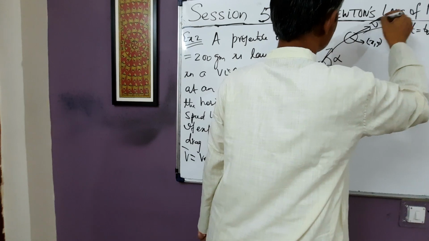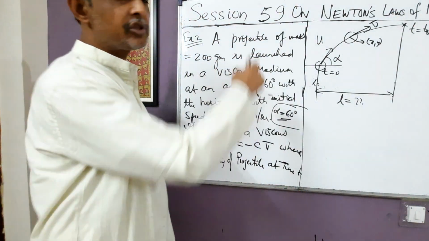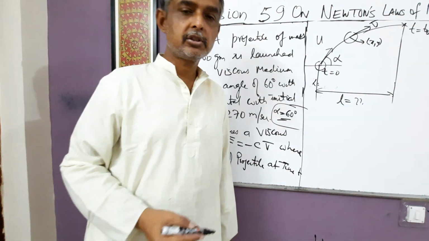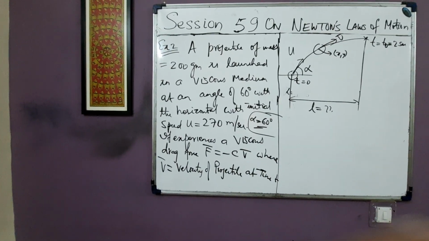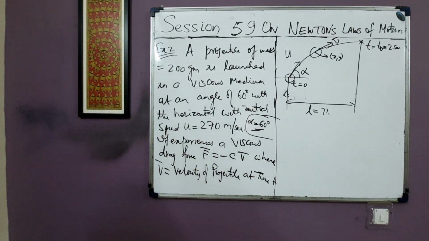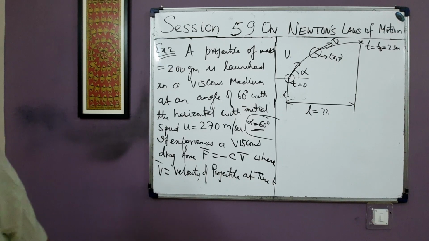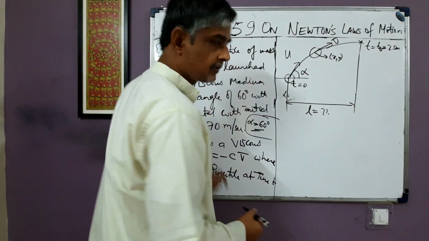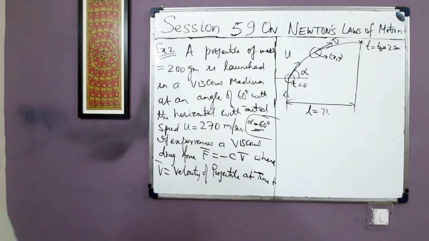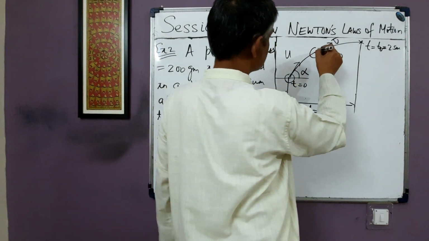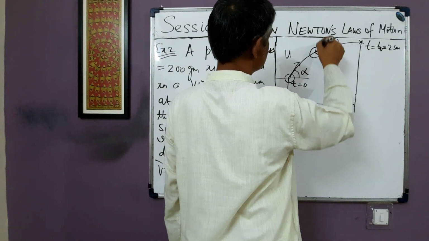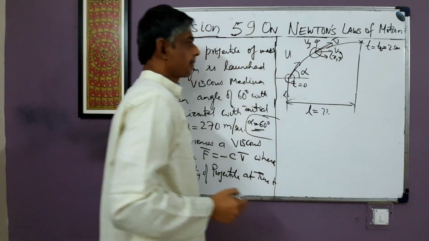V is the velocity of the projectile at time t, which is tangential to the path. And V has a horizontal component Vx and a vertical component Vy.